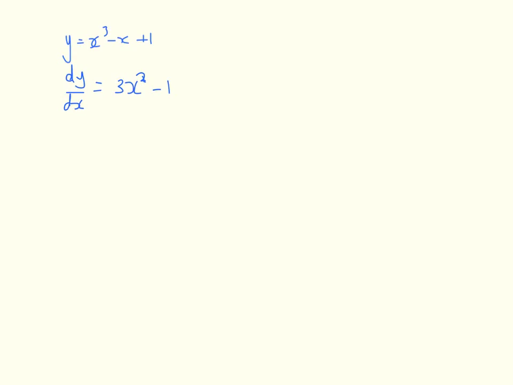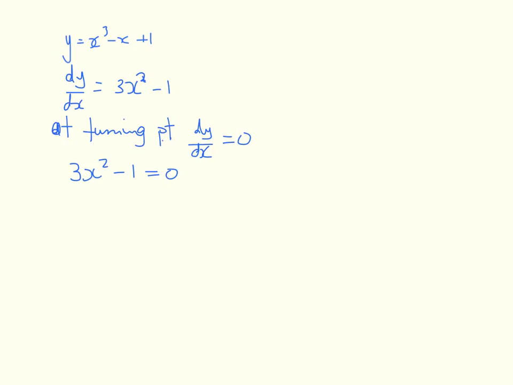So I can say at this point that at a turning point, dy/dx is equal to 0. So that gives me the authority now to say that 3x squared minus 1 has to be 0.